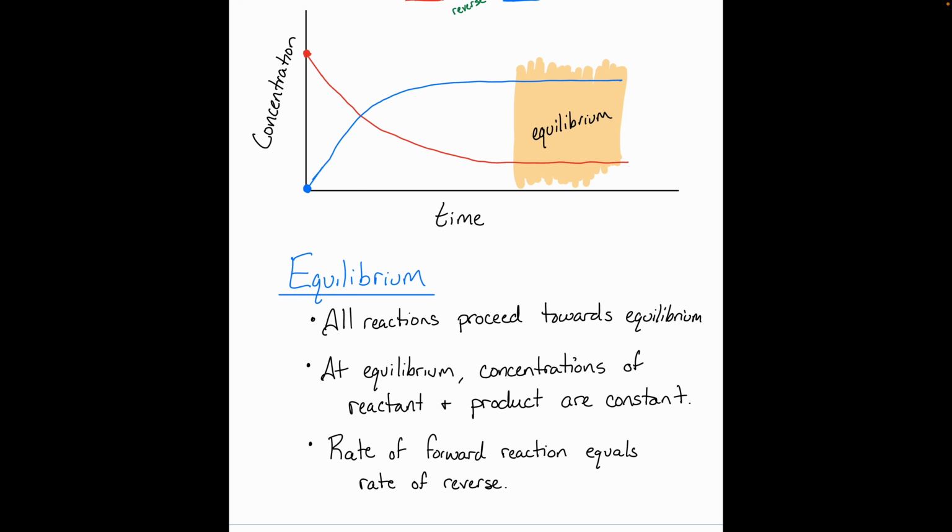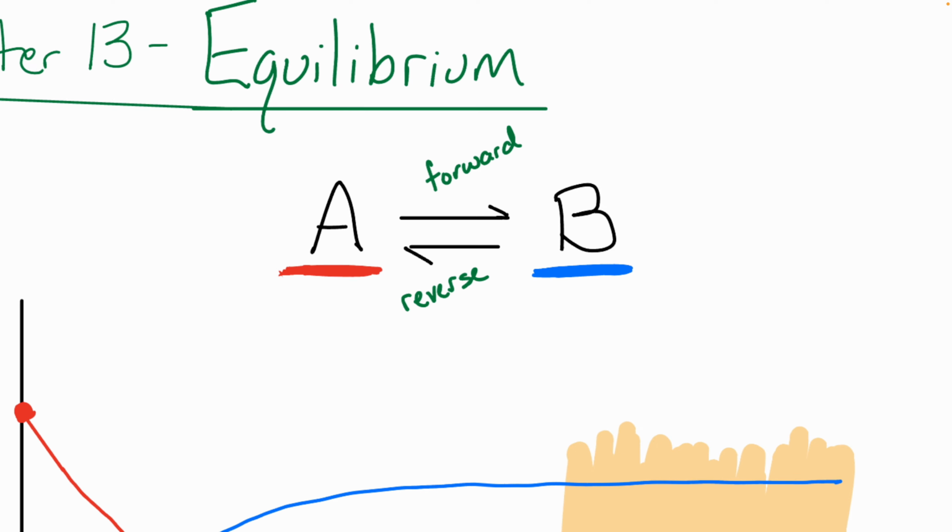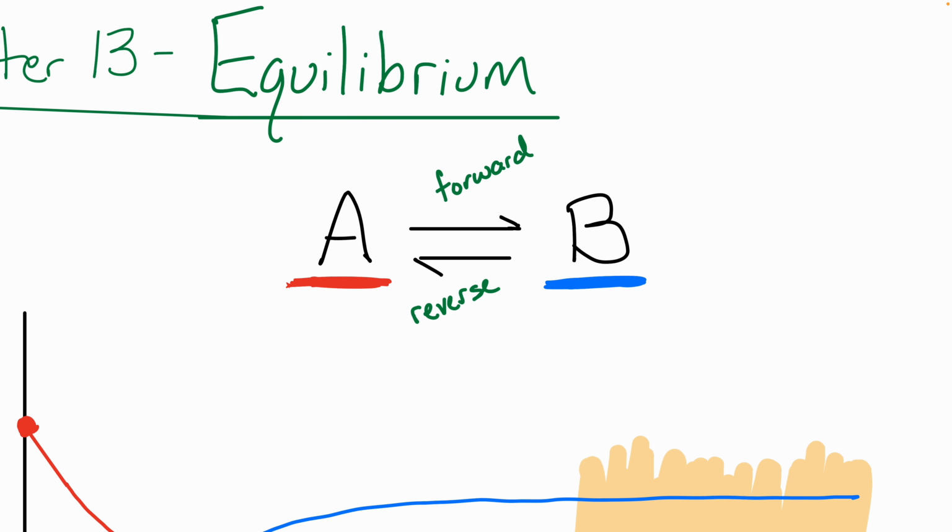They're no longer changing. What we said is we had to update our way of looking at chemical reactions. We're not going to look at them as if we were in Chem 1A anymore, where we only think about reactant getting converted to product, but we're also going to consider the reverse reaction that happens as well, where product gets converted back into reactant.